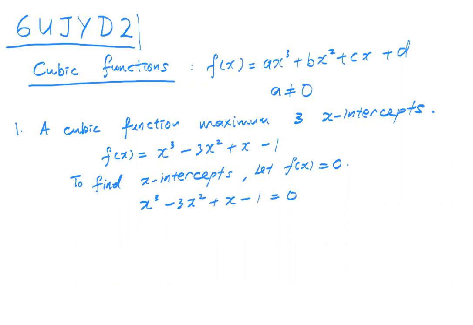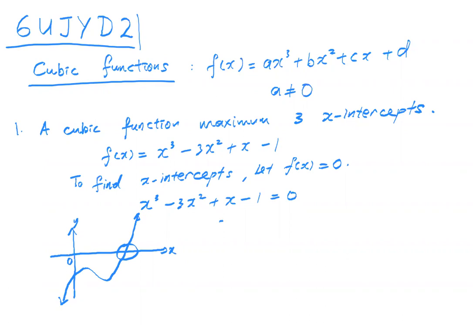Is there a 3 x-intercept for this one? Are you sure? Okay, using my graphic calculator, I got the graph in this way. My graph looks like this. So there is only one x-intercept. Correct?